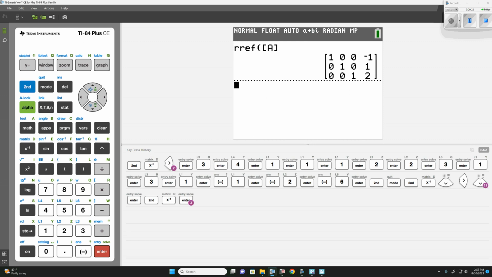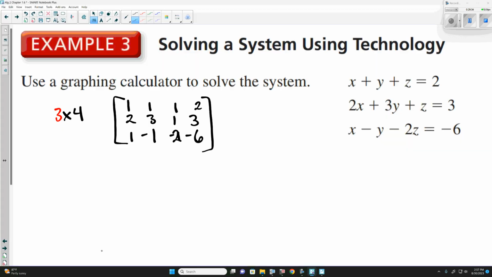Now what this tells us is this last row is the solution, where the top number is x, the middle number is y, and the bottom number is z. So negative 1, 1, 2. And that's the solution.